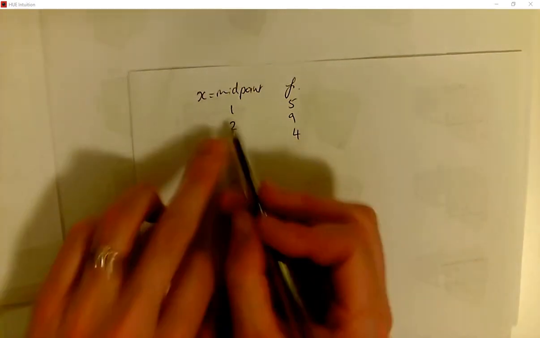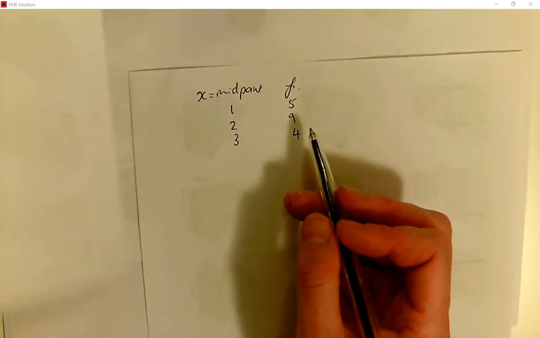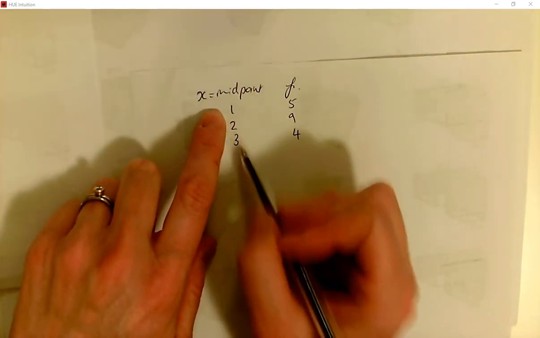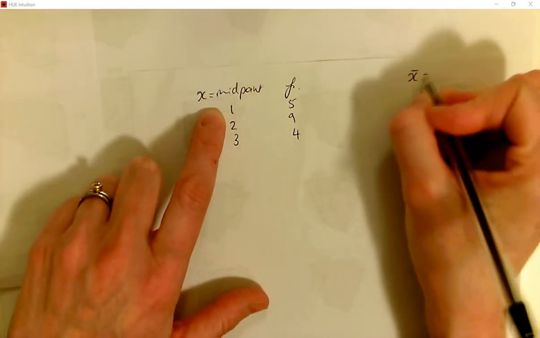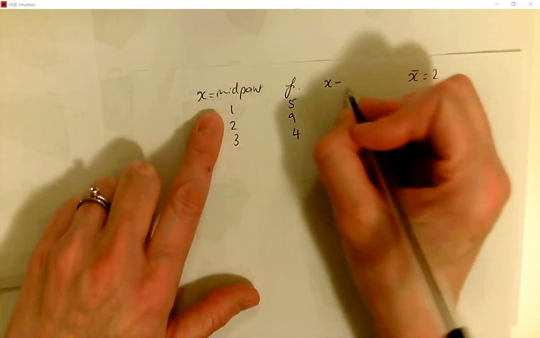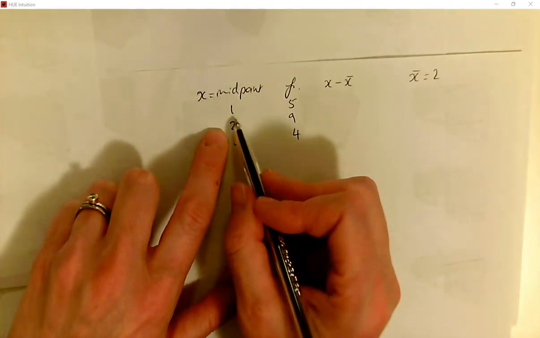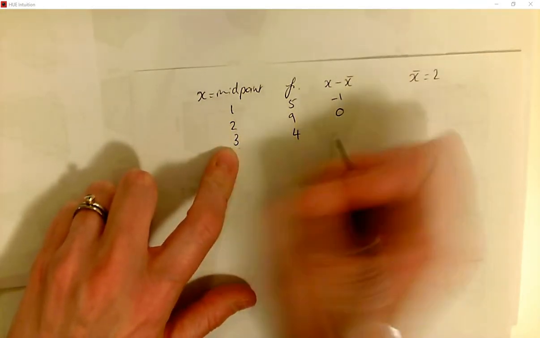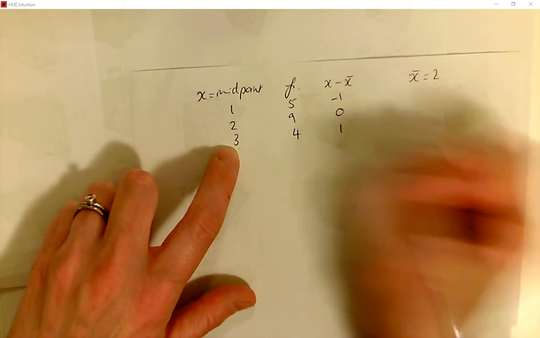Then all it means in this case is that you work out what the mean of these is, which would be 2. Okay, and you do the midpoint minus the mean. So we're doing 1 take away 2, which is negative 1. 2 take away 2 is 0. 3 take away 2 is 1.